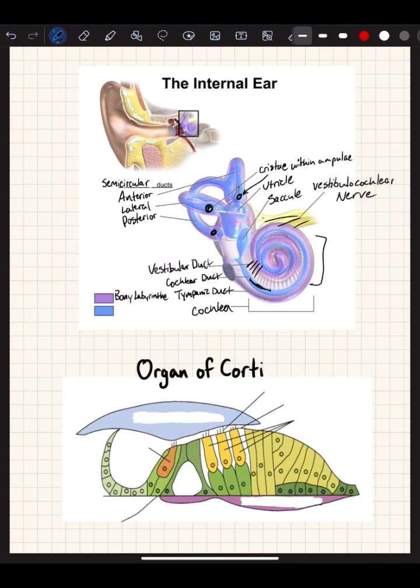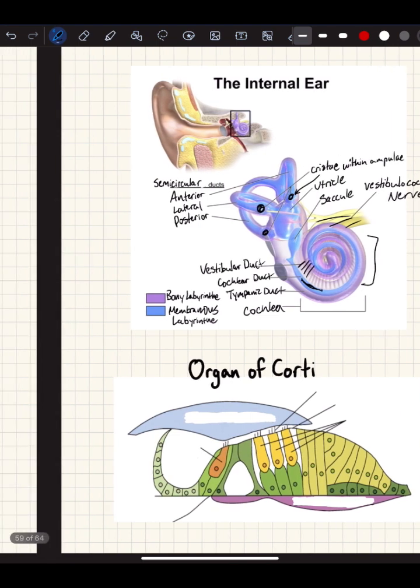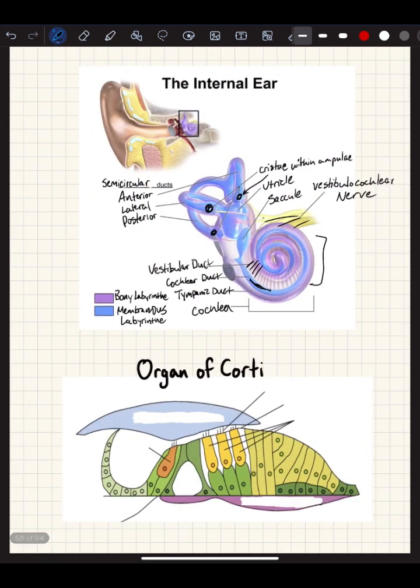And the bluer portions are going to be fluid based off of the membranous labyrinth. Cool. So now that we have the anatomy set, I'm going to let you look at it for 5 more seconds. We can start off with the cochlea and start explaining that, because it does get a little in-depth.